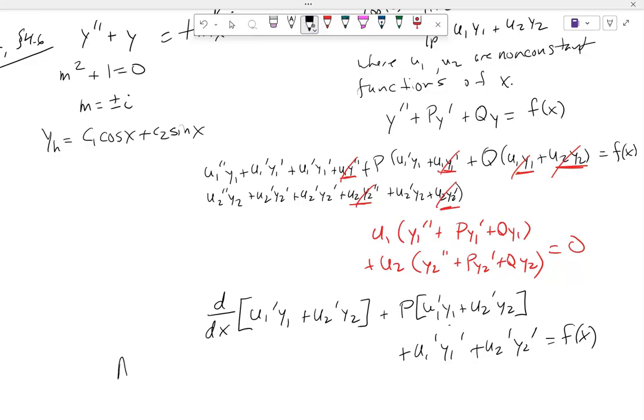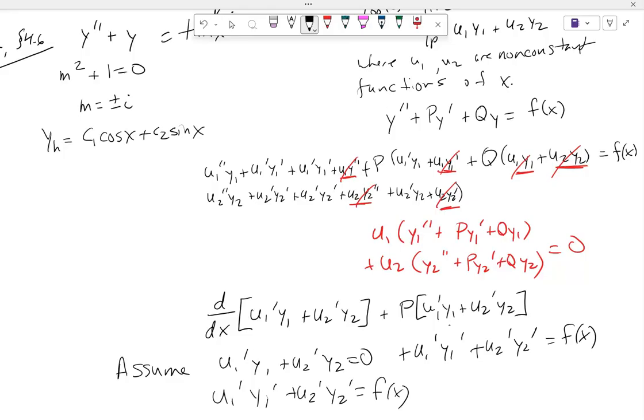We're going to assume that u1 prime y1 plus u2 prime y2 is equal to 0. Okay? That makes our other equation mean that u1 prime y1 prime plus u2 prime y2 prime has to equal the f of x on the right-hand side.